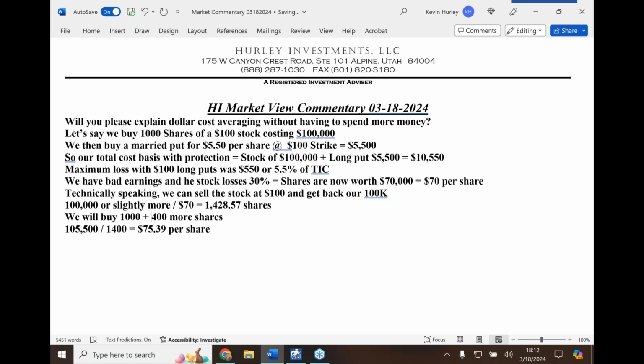The short answer is we still have the opportunity to sell the stock at $100. And when you sell the stock at $100, or you cash in the puts for the equivalent, you can buy back in and you're good to go.